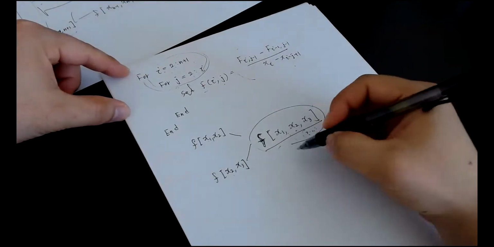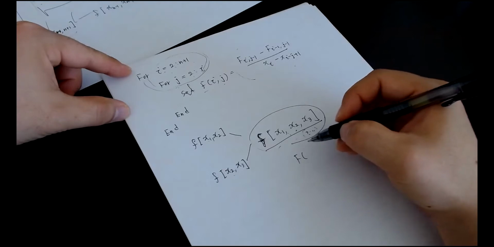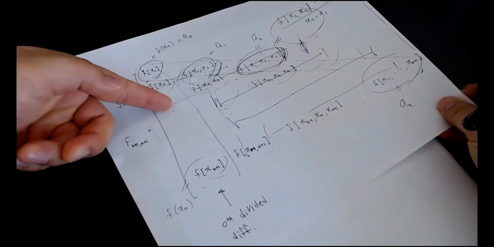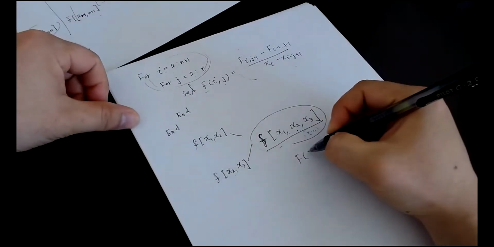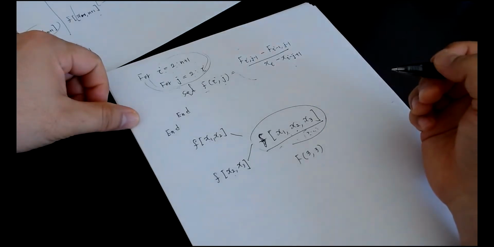This is equal to f of what? You see that this is the third row and third column, right? Third row, third column, f(3,3).